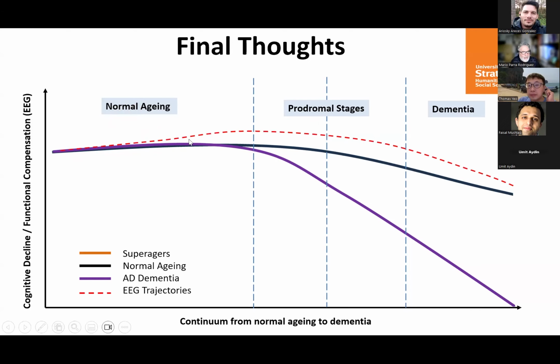In normal aging, now you see the EEG, there are compensatory changes that allow older people to maintain a high level of function, of cognitive ability, and that will depend on the cognitive reserve. However, we know that those who are living the normal aging trajectory start losing these biological resources gradually. There is still compensation, as you can see here.